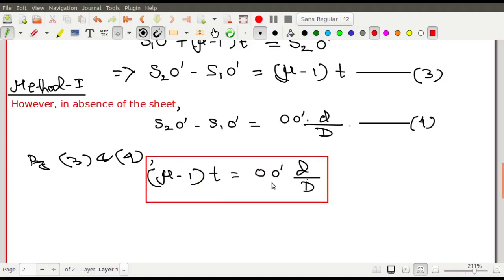So mu minus 1 t equals O dash small d by capital D. I hope that you have understood the things properly. ঠিক আছে? Okay.